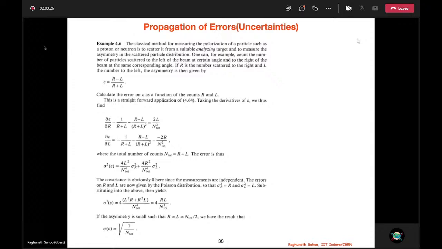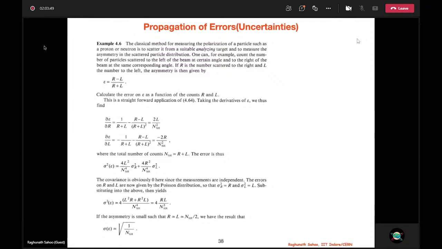And here wherever R plus L is coming, you can also write n total. After doing those things, and using sigma R square is equal to R, because it is a counting experiment, your sigma square epsilon can be written in the final form as 4 RL divided by n total cubed.